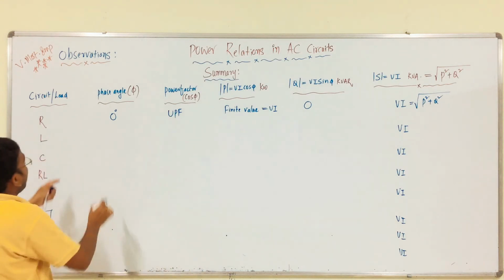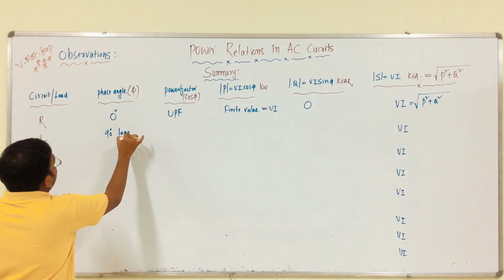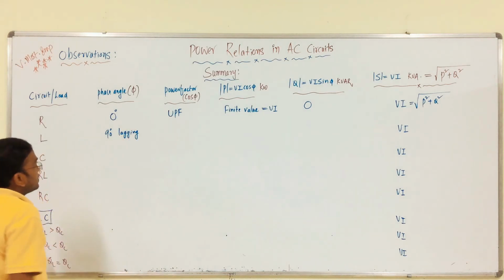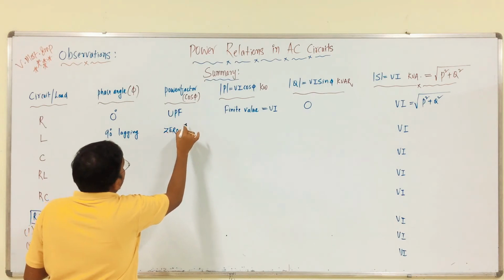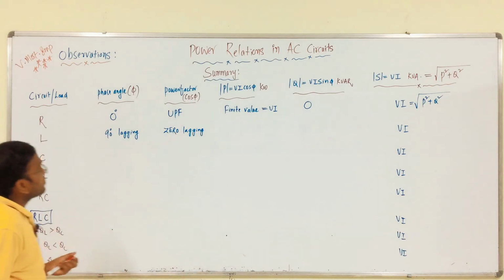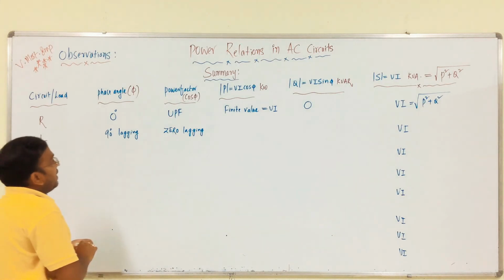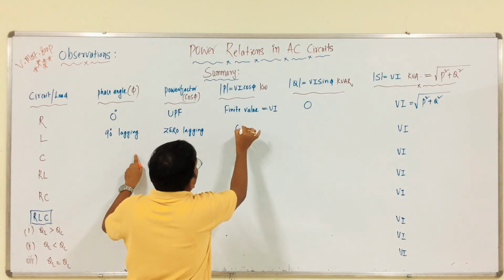Next, coming to L, this is 90 degrees lagging. You have to write like this. That is, power factor is 0 lagging. Coming to P, for pure inductive load, active power is 0.